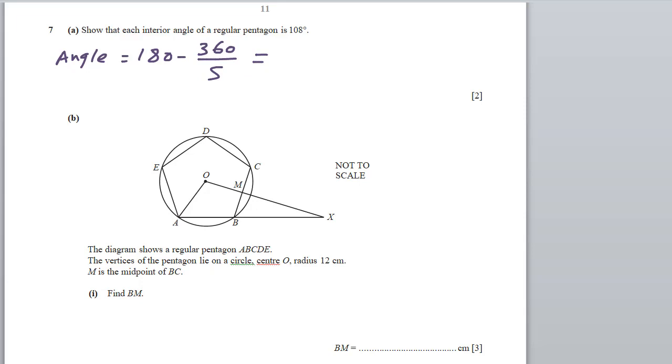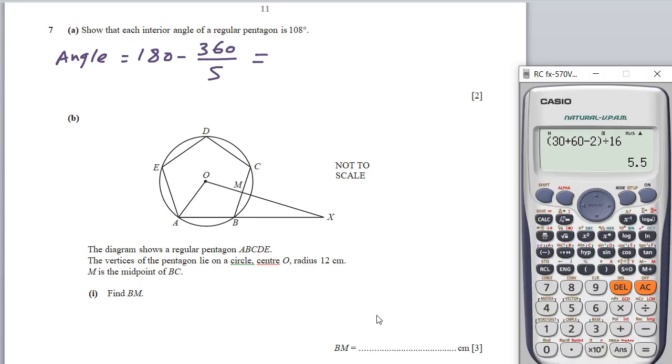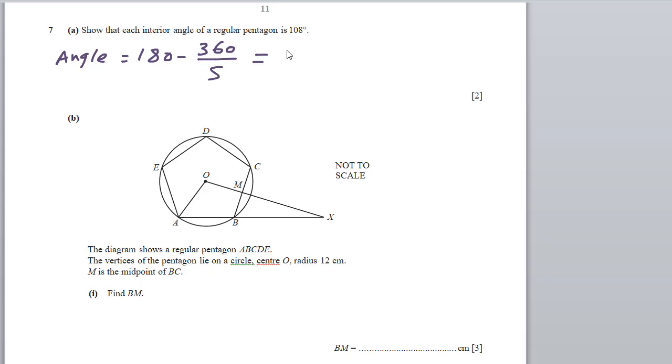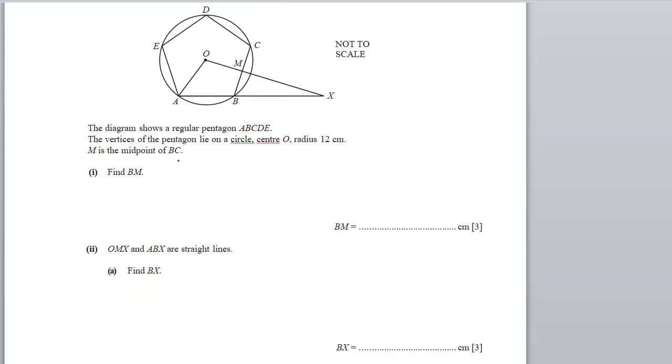So it will equal to, let us bring our calculator, 180 minus 360 divided by 5, 108. 108. Okay, let us go ahead.